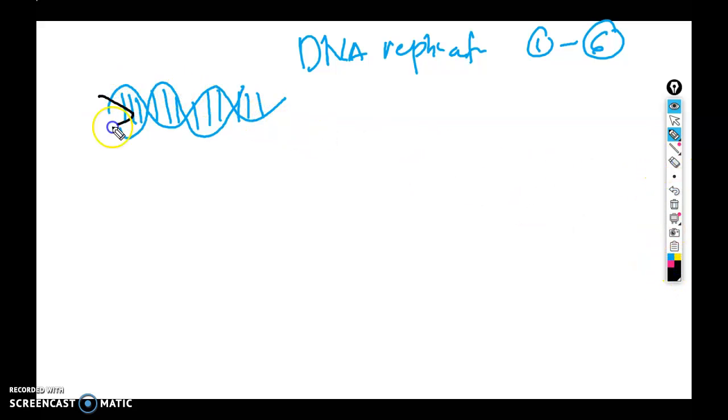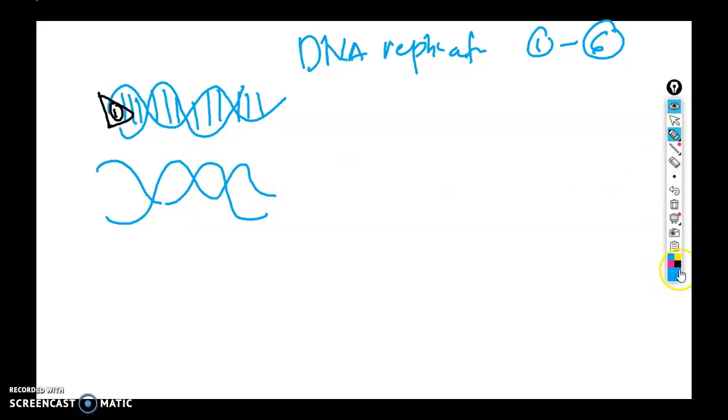Number 1, DNA helicase, binds to the origin of the DNA replication. Origin means the starting point for the DNA replication to occur. DNA helicase functions to unwind the DNA double helix, so the double strands of the DNA will become single strands of DNA.